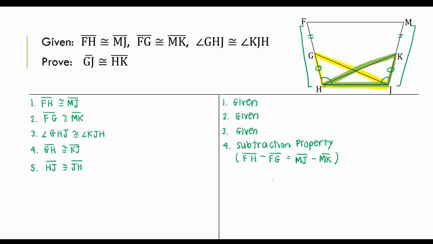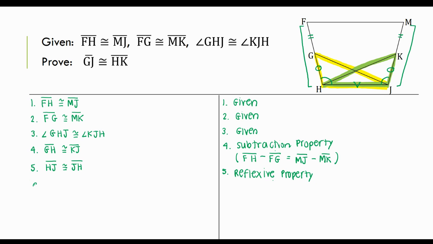Because once again, H is second in the first given, and J is second in the first given. And then notice that H and J for my angles in step 3 are in the same spot. So I know wherever there's an H, I wanted J to be in the same spot. So that's congruent to itself by the reflexive property. And then I can mark that.